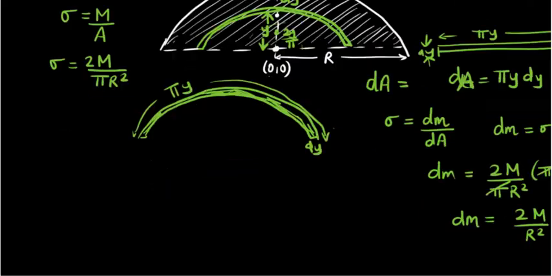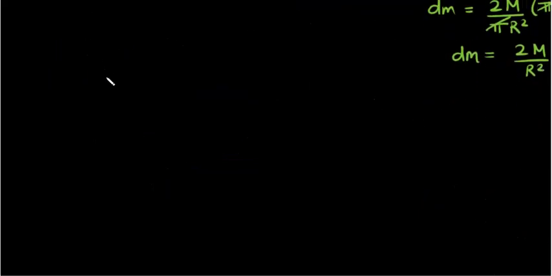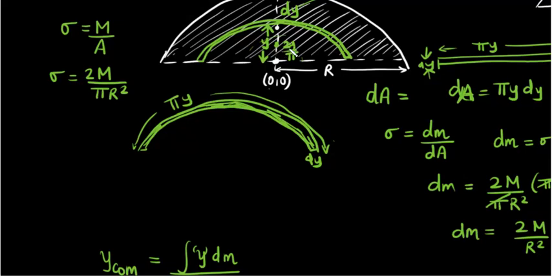So we know the integration for calculating the COM: YCOM can be calculated as integral of y dm upon integral dm, where y is the location of that particular mass dm. Now here the center of mass of each small ring is at height 2y by pi.